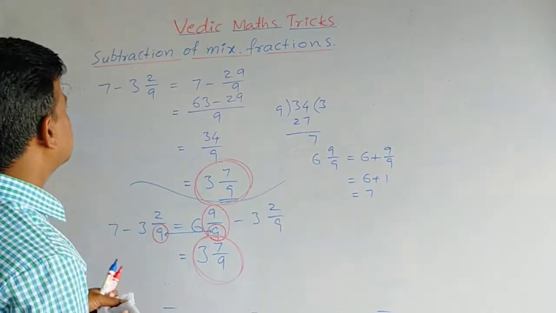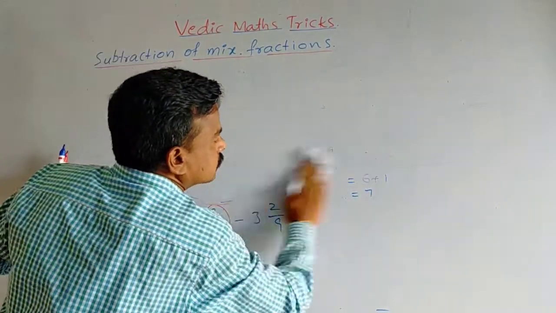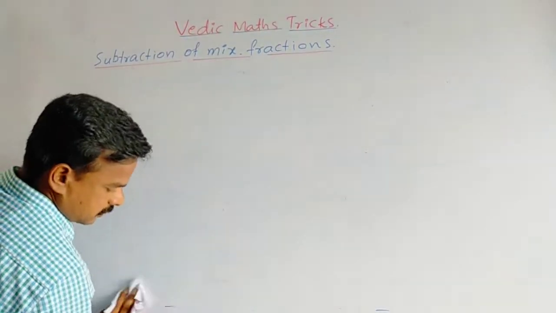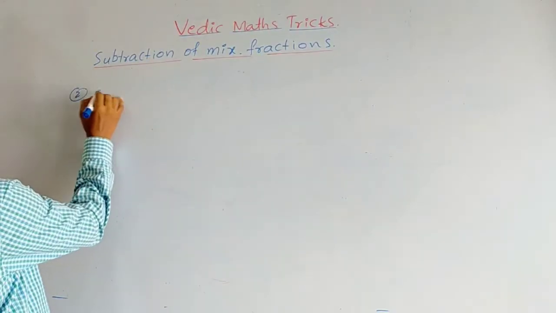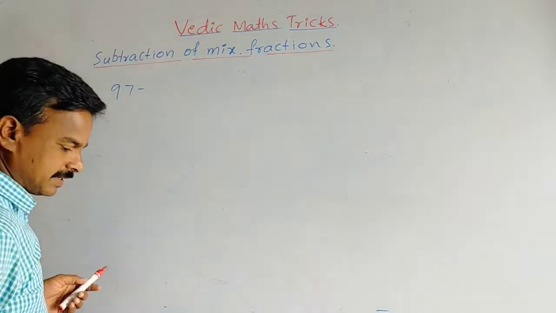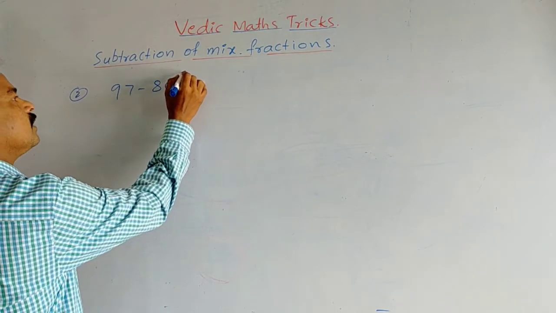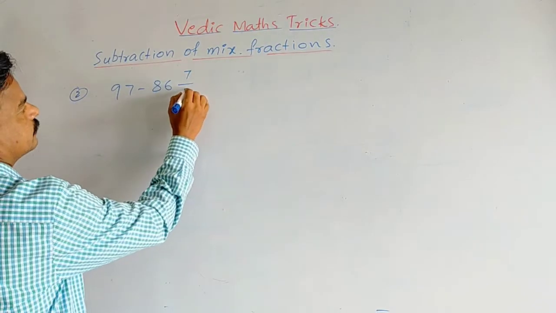Let us take one more example: 97 minus 86 whole 7 by 17.